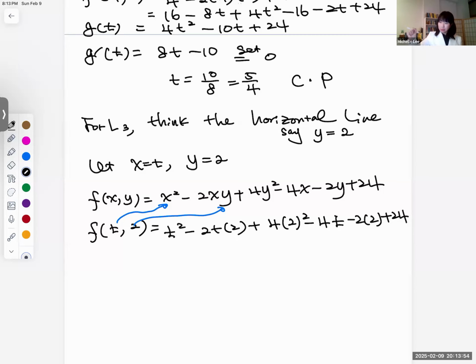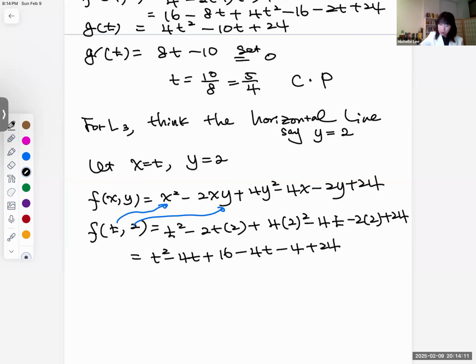Okay. Then that's t squared minus 4t plus 4 times 4 is 16, minus 4t minus 4 plus 24.